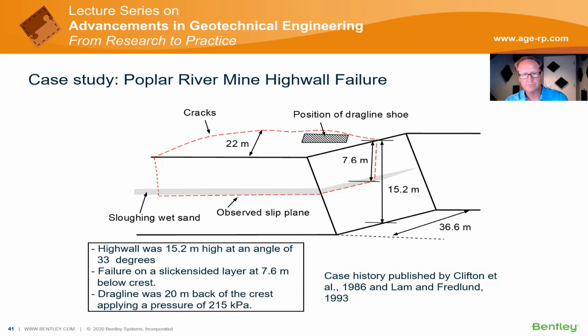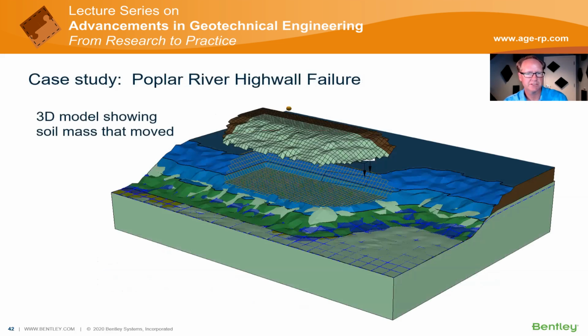We did some further analysis with SV slope and more modern computational methods, and we could set this up and analyze the 3D soil mass that moved. Here we've exploded the sliding mass out of the slope and projected the location of the drag line, and we've applied a load equivalent to the drag line on top of the 3D model.